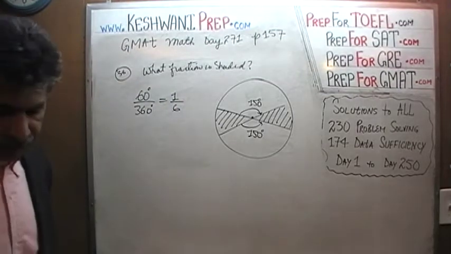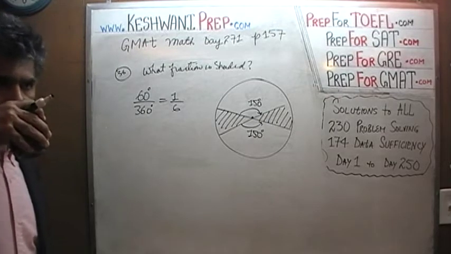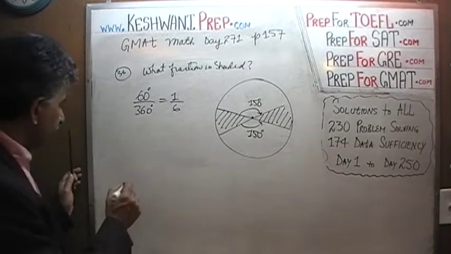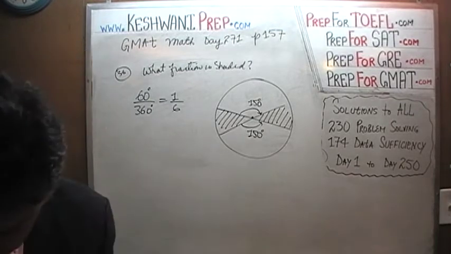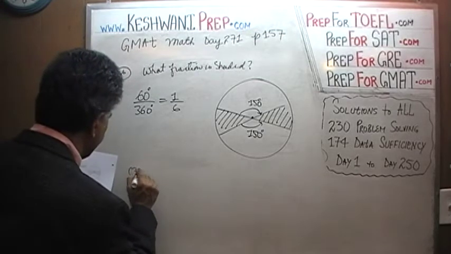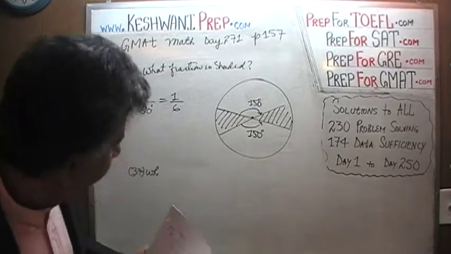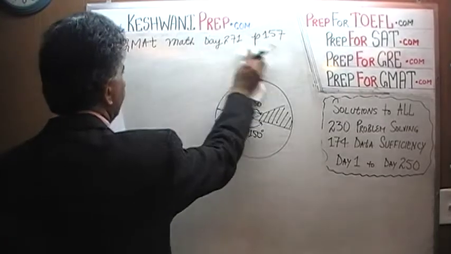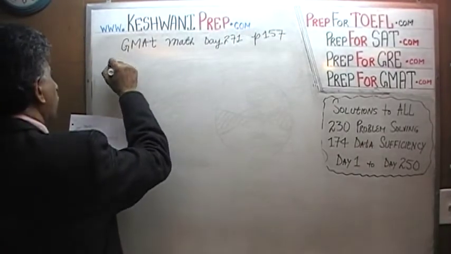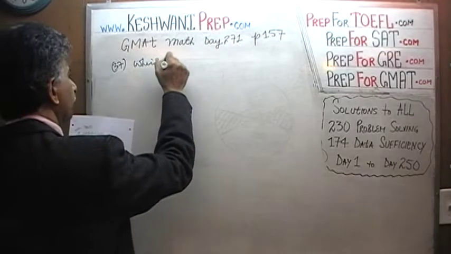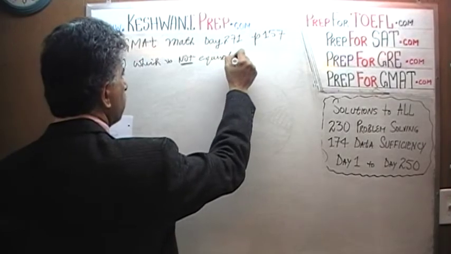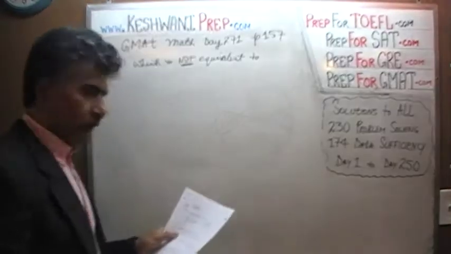Number 37. A sixth of the circle is shaded. The next question says, which is not equivalent to the equation that they give us.